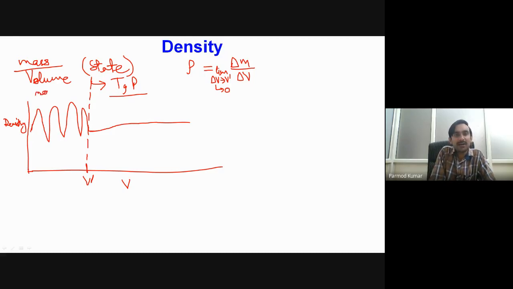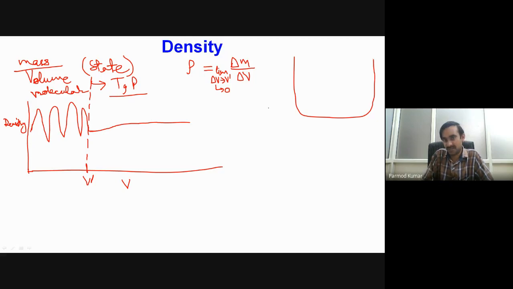What basically happens when we go below this critical volume is that we are achieving the molecular length scale. Let us consider that we have a container and inside this container we have some substance. If we reach a volume of the container, say less than V dash, the length scale inside this container approaches our molecular length scale.